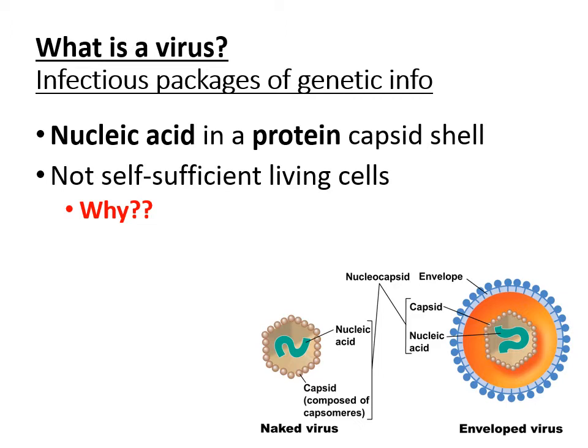But we just said viruses, all they have is nucleic acid in a protein shell. So they don't have their own machinery like ribosomes to undergo the proper central dogma. Okay, they need to rely on a host cell in order to make proper mRNA and then proteins. So they basically store their genetic messages, but then they relay that onto the host cell to make mRNA. So what we call them is obligate intracellular parasites.